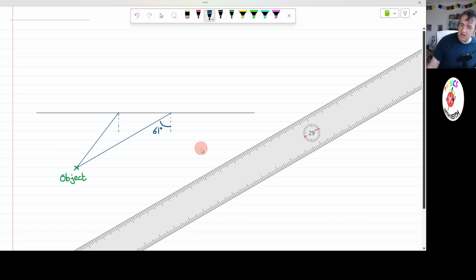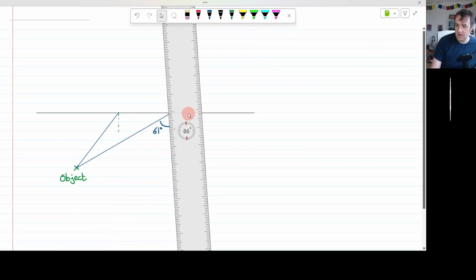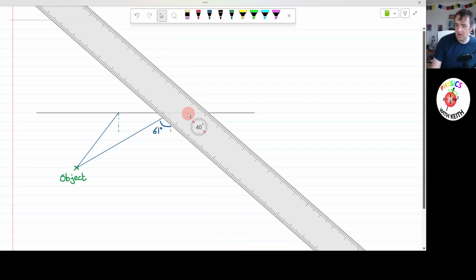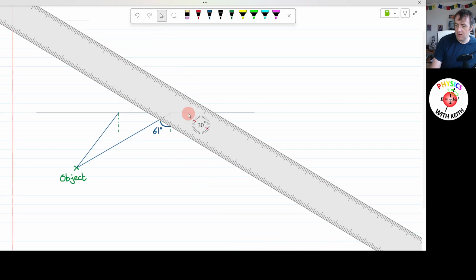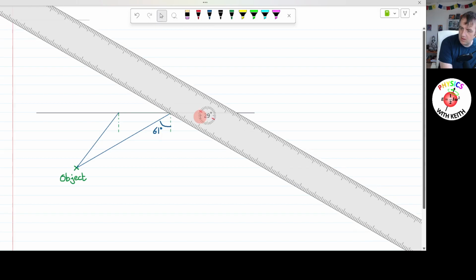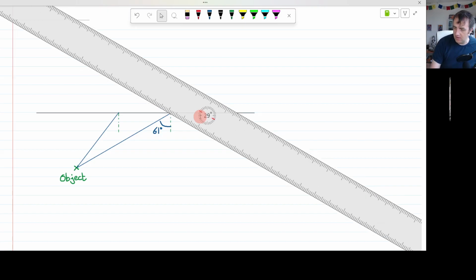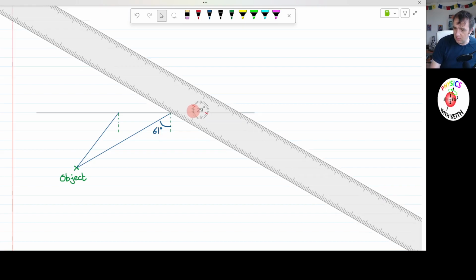Now what that means is I need to draw my reflected ray at 61 degrees. So let's go around to 90 again, and let's draw my reflected ray 61 degrees as well, which should be there. Oh, I missed it. Let's go back one there. That's 61 degrees as well.